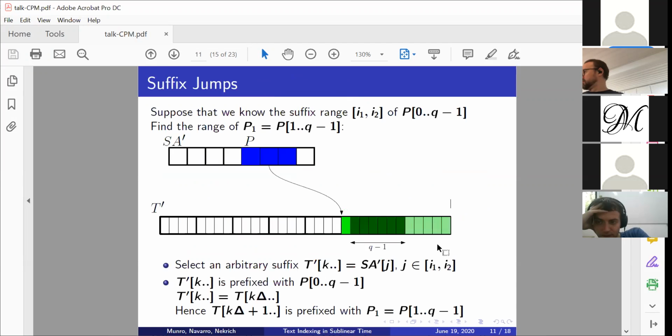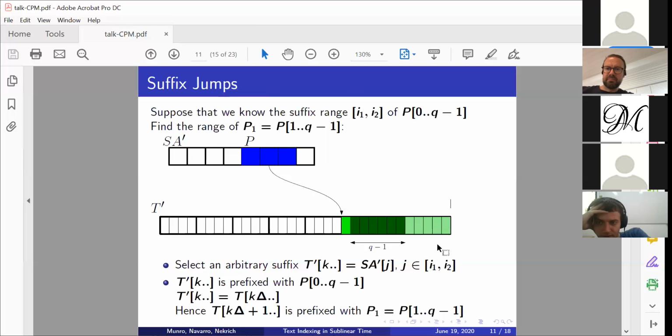So now the task is, suppose we, for example, know the suffix range of the pattern P and want to find the suffix range of the pattern P1, which is P without the first symbol. Here in this example, the blue range in SA prime is the range of the pattern P. In the suffix array of T prime, we select an arbitrary suffix from this blue range and find its position in text T prime.